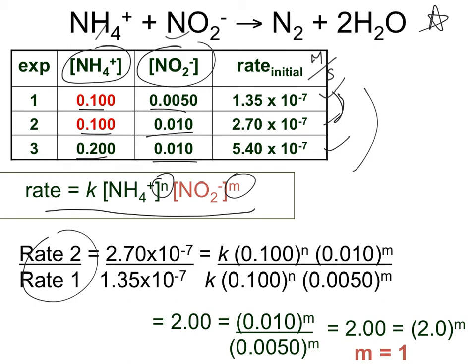One of the reasons we're doing that is because the concentration of NH4 plus is the same in both experiment 1 and 2, while the concentration of NO2 minus is variable for experiments 1 and 2. So it gives us a point of comparison so that we can calculate our M value associated with NO2.